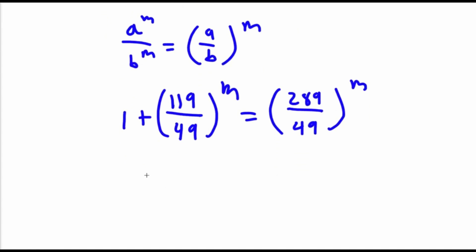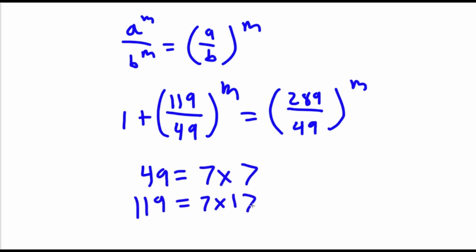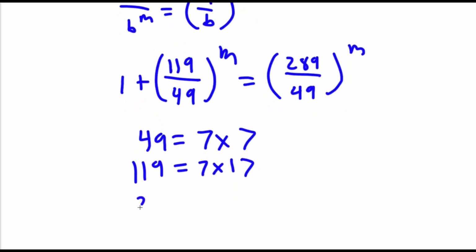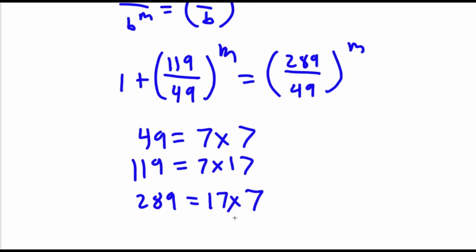Now, 49 here is equal to 7 times 7, right? 119 is equal to 7 times 17, and 289 is equal to 17 times 17.